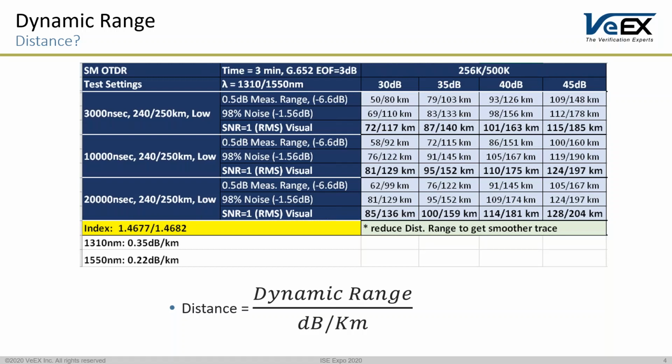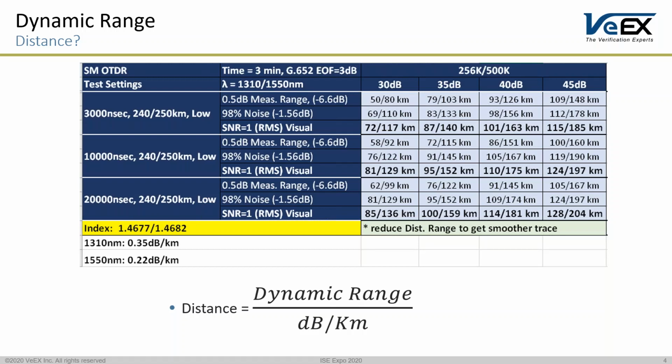Using a 20 microsecond pulse width at low resolution and a 3-minute acquisition, you can see at the bottom how far the OTDR can shoot. Keep in mind that this is in a situation where it's a continuous span.